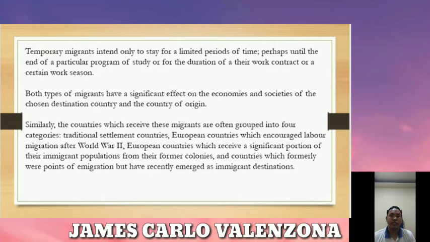The third is European countries which receive a significant portion of their immigrant populations from their former colonies. And next is countries which formerly were points of emigration but have recently emerged as immigrants' destinations.